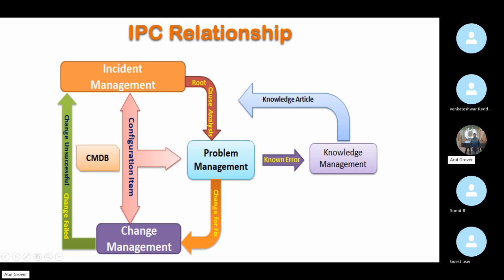What is an incident? An incident is a break or interruption in the services. You're using the internet, it is not working, or it's giving less speed than per the plan.